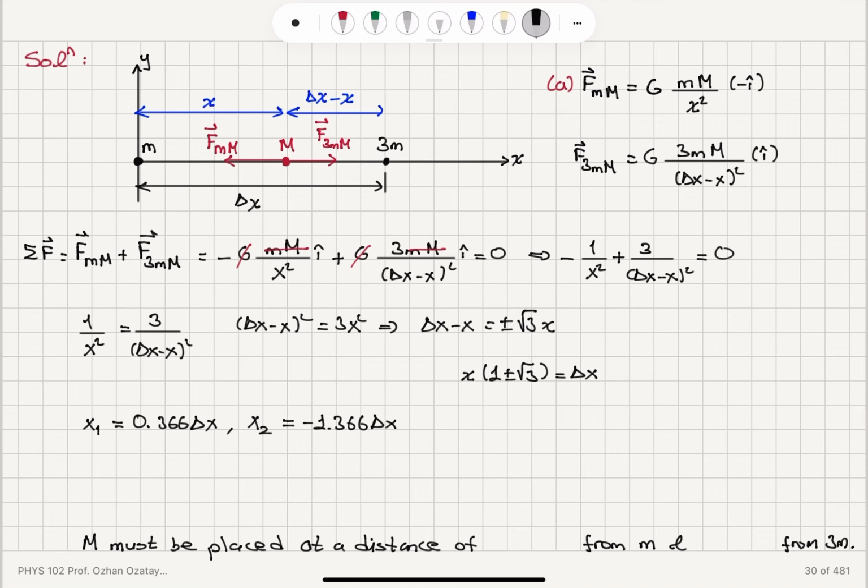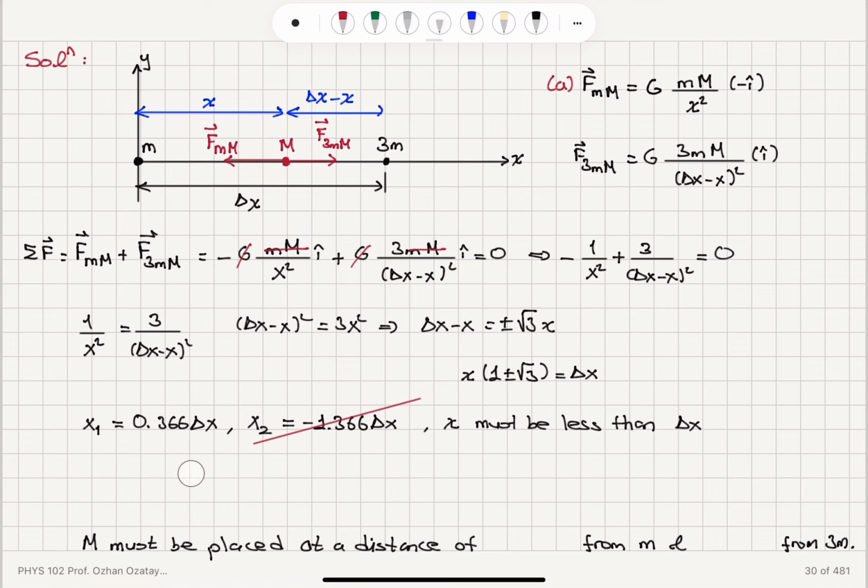Now, for this force to be in this direction, pointing in minus i hat and plus i hat, it has to be in between these two masses, so it cannot be outside this region. So I see that x must be less than delta x. Therefore, this is not a physical solution, so this cannot be considered.